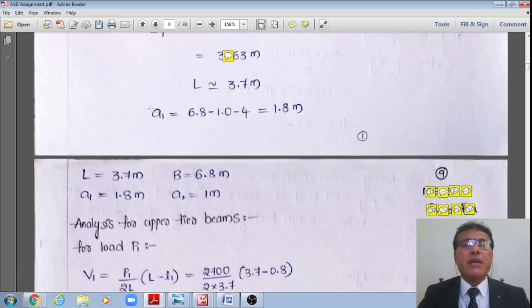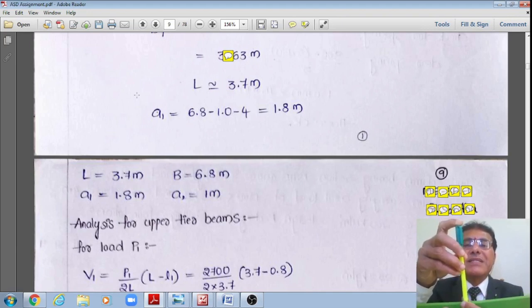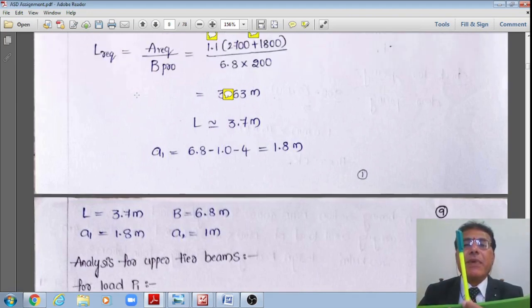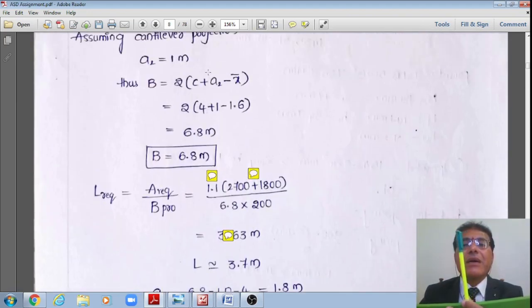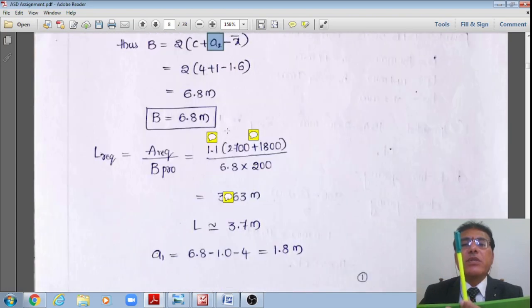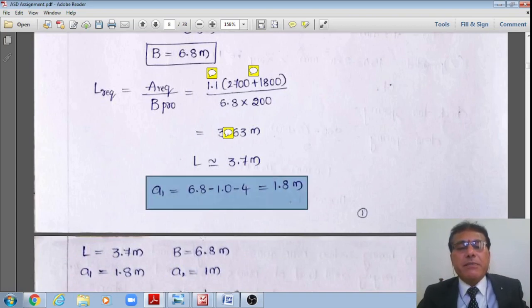Therefore, with that, what is the length of the beam from the center line of the left column? A1 is equal to 6.8 B minus this. A2 is equal to 1 meter minus C, that works out say 1.8 meter.